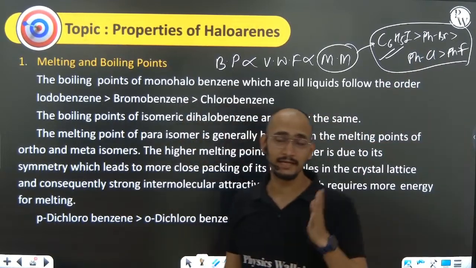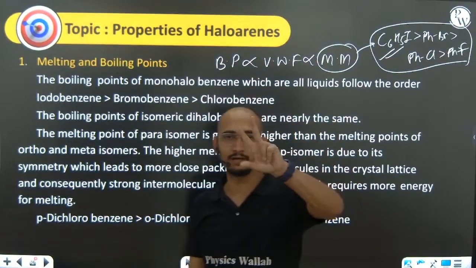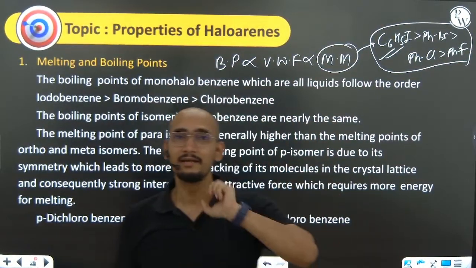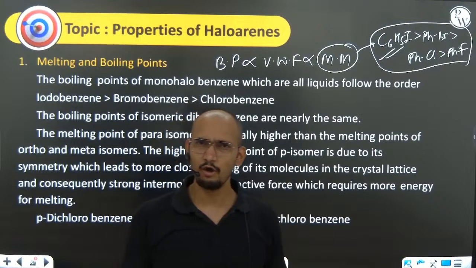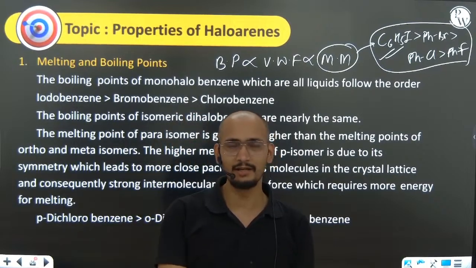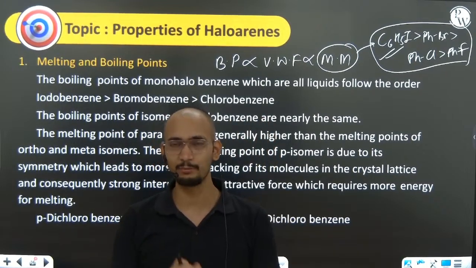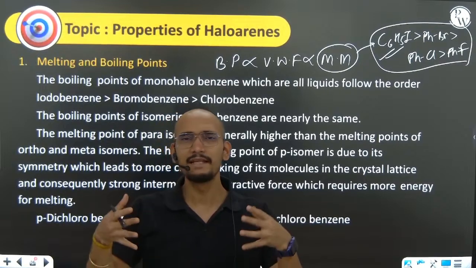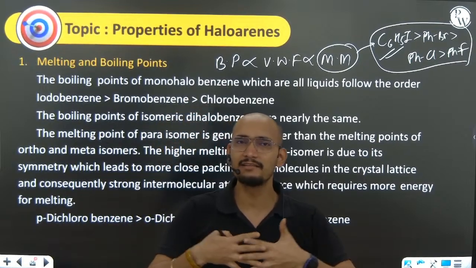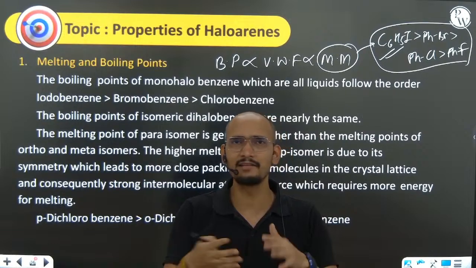Always remember, in melting point you have to see two things. Because once it is going to melt, just think about it. Melting point means it is already solid. Now you are trying to melt it, or you are trying to make it liquid. When it is solid, you can say that they are in the crystalline form.